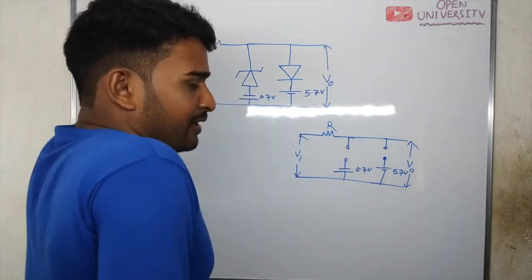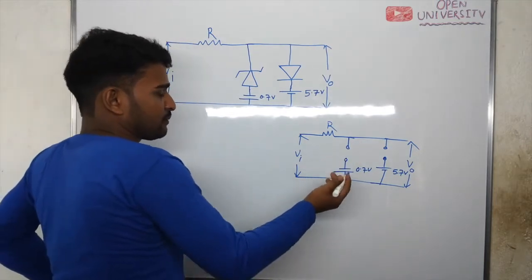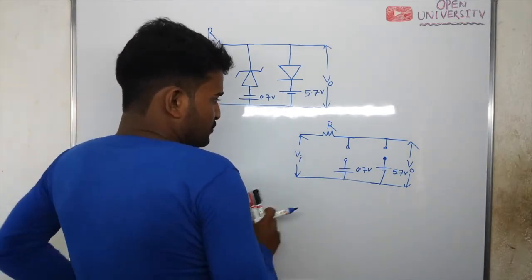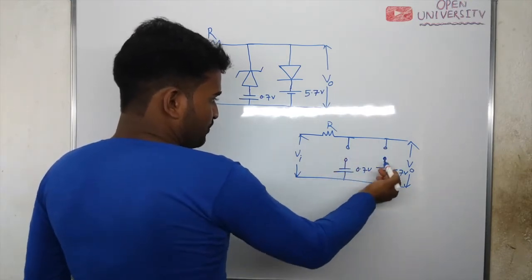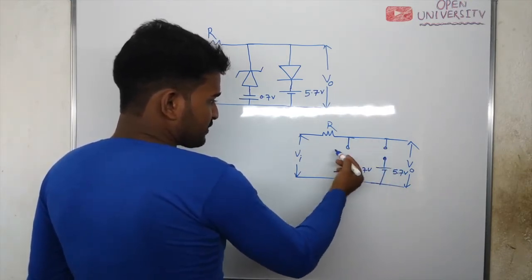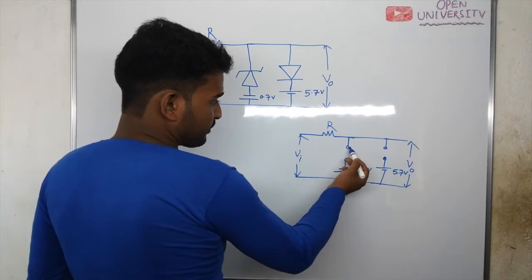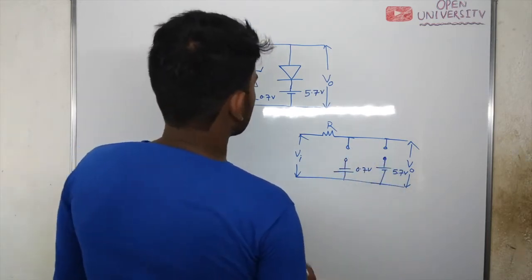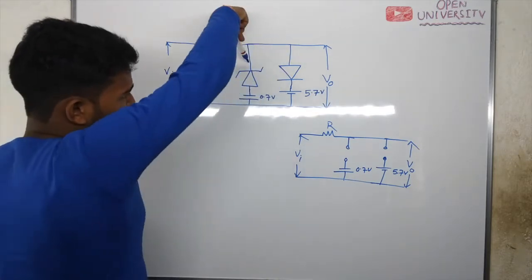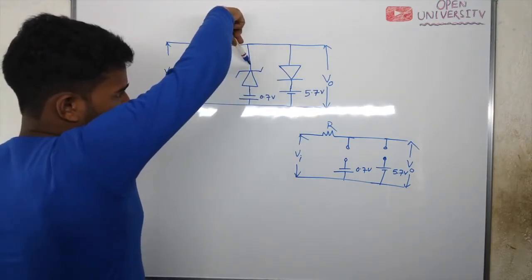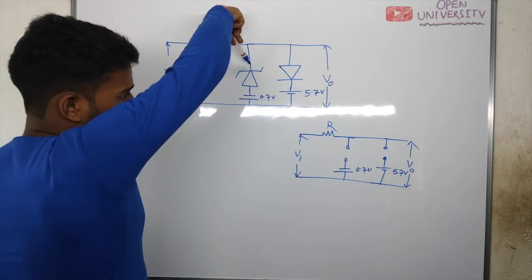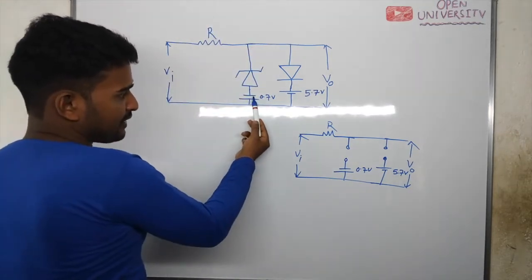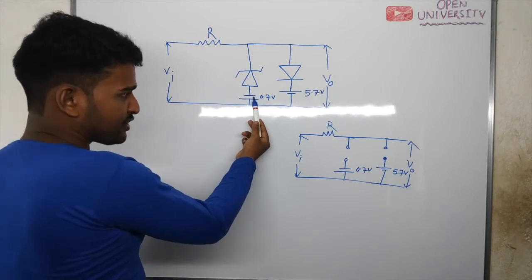To know for what values of input the diodes are forward biased and for what values they are reverse biased: since the path is open, no current will pass. So what is the voltage available at this point? VA, and at this point VA. This Zener diode will be forward biased if this side voltage is less compared to this side voltage, that is, this side voltage minus 0.7 volt.